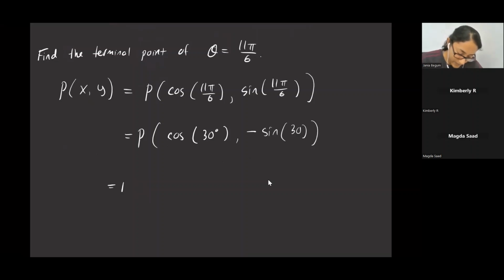And now from memory, do you know what cosine of 30 degrees is? Square root of 3 over 2. Yeah, so this is square root of 3 over 2, and the sine of 30, we already did that previously, so that will be the terminal point.